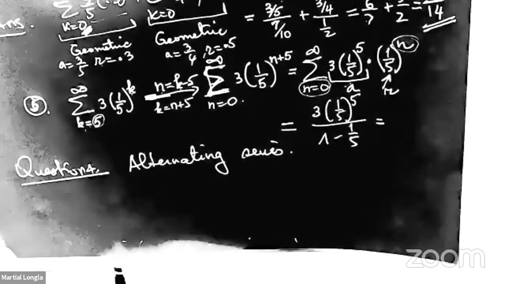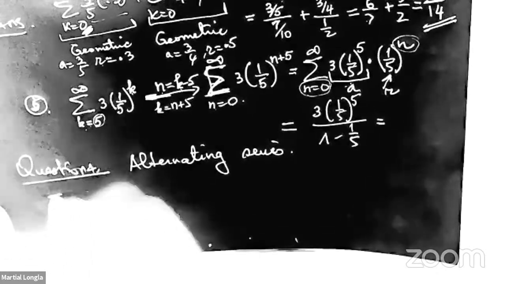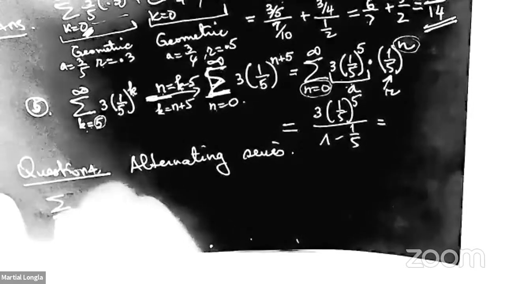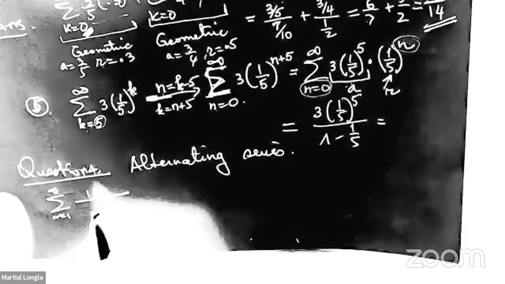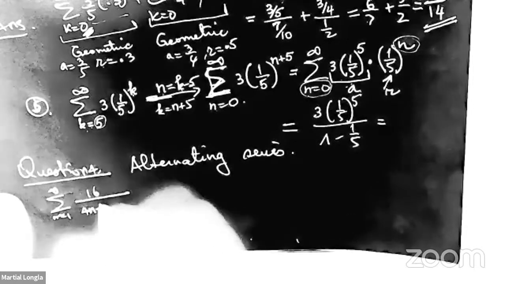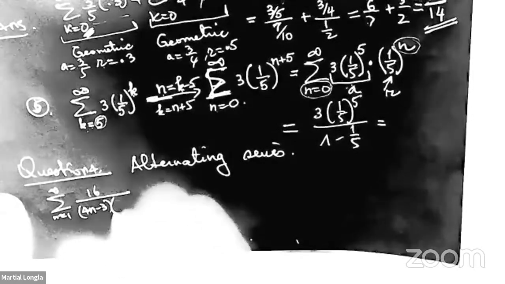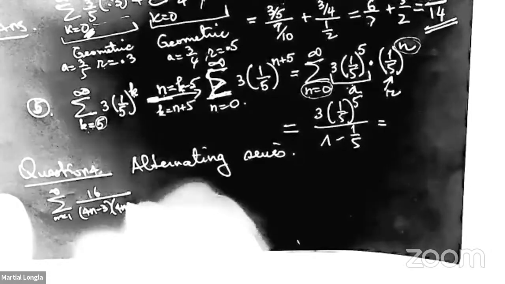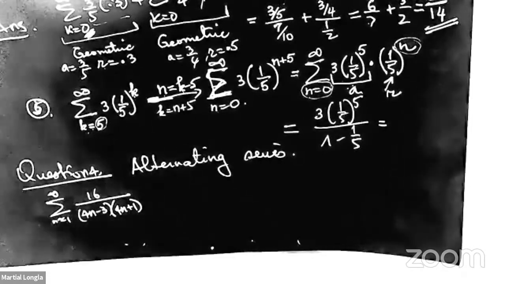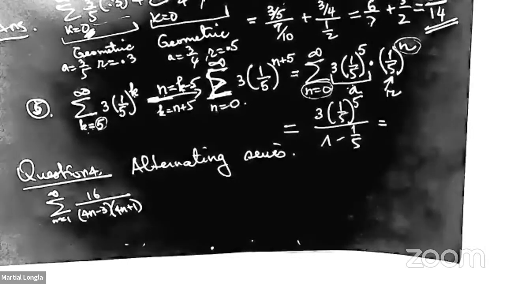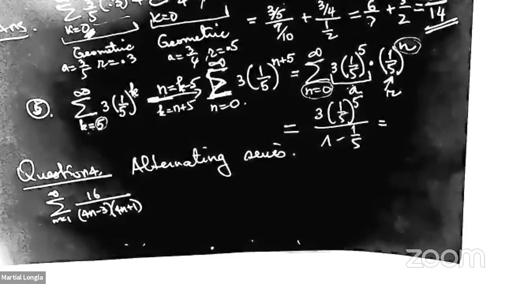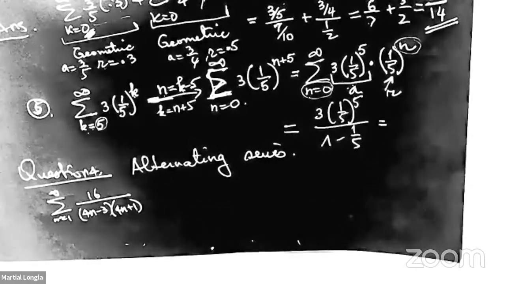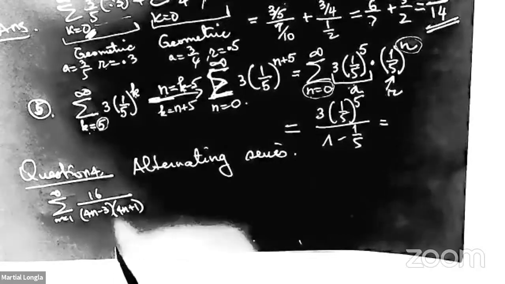So for alternating series, let me get the example here. Sum n from 1 to infinity, 16 over 4n minus 3 times 4n plus 1. Usually, when I ask this question, I make sure I already put it in the form that you don't need to do the partial fractions here, okay?